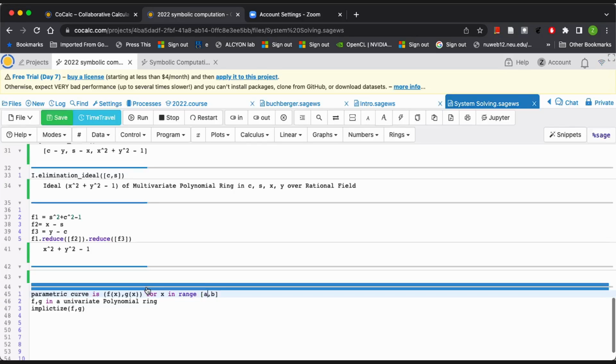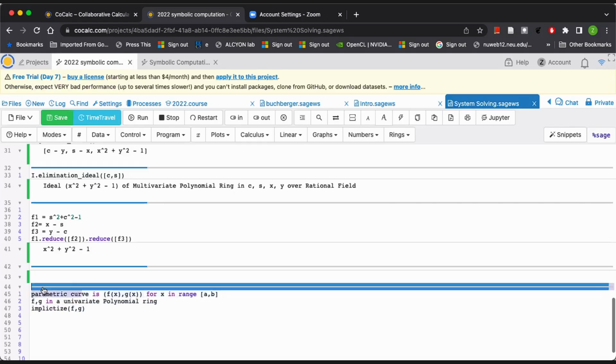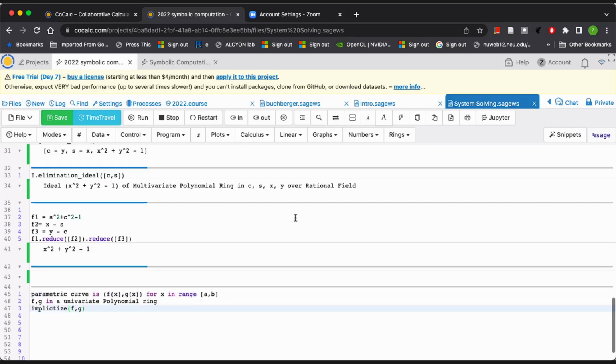So I have a parametric curve. Every point is given like this. The first coordinate of the point is f of t, and the second is g of t, for t in some range. Okay. F and g are univariate polynomials, and I want to find the implicit equation of this parametric curve. Are there questions?